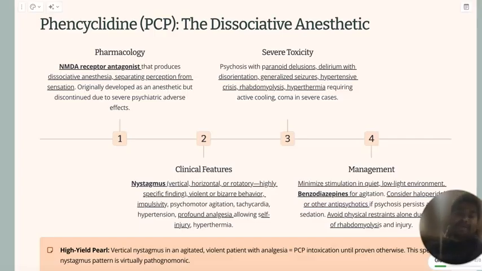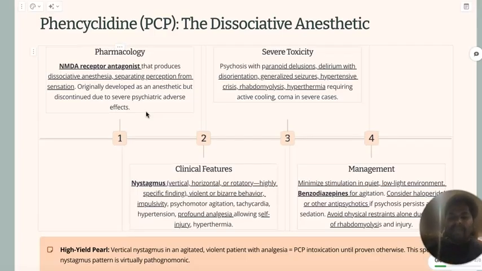So it leads to dissociative anesthesia and separating perception from sensation. So yes, it was originally developed as an anesthetic, so hence it's called a dissociative anesthetic, okay, but discontinued due to severe psychiatric adverse effects. So some scientists started developing PCP for, let's say, anesthesia, but unfortunately because of this dissociative side effect, it had to be stopped.